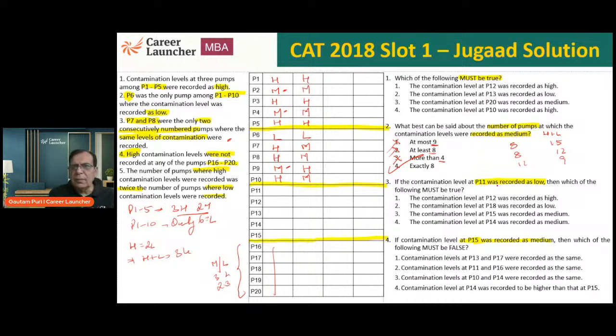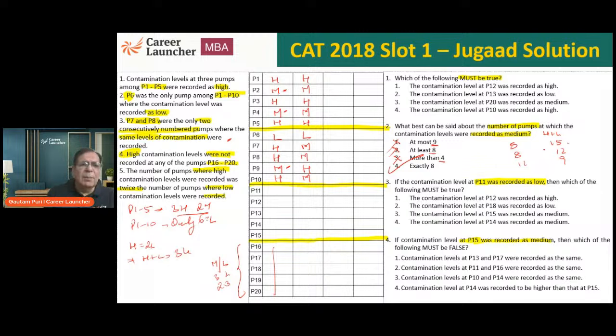Okay. Now, please tell me, look at this scenario. What is the minimum number of medium you are getting? You will get 1, 2, 3, at least 2 here, 5. Okay. You will get at least 5. So that means high plus low should be 15.